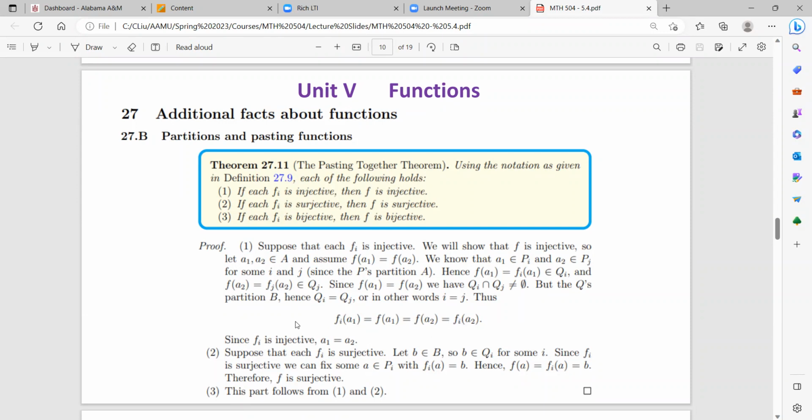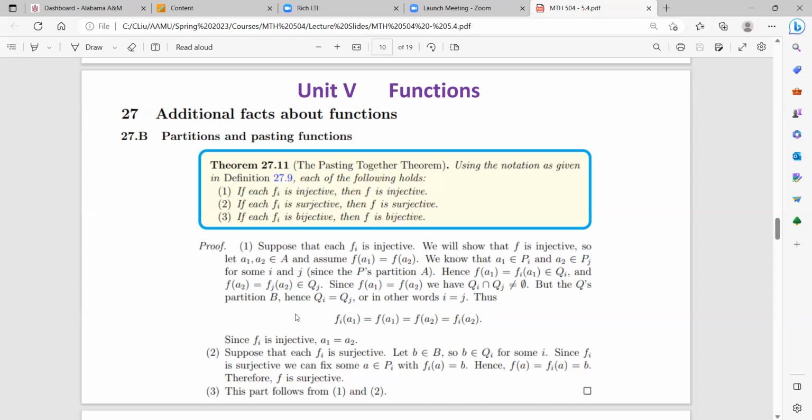But because each f_i is injective, if f_i(a1) is equal to f_i(a2), then a1 has to be the same as a2. So if you go back to the assumption for the pasted function, we just assume that f(a1) equals f(a2), and we come to the conclusion that a1 equals a2. So that proves that the pasted function f is injective. So that's the first part.